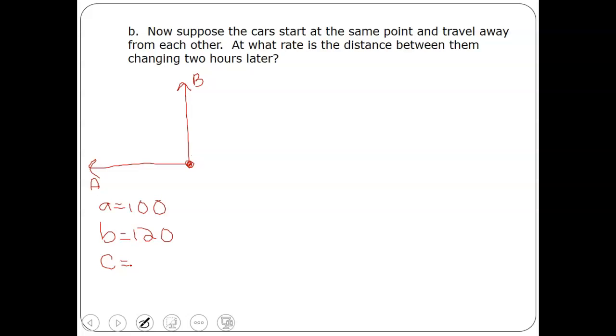Hold on, Pythagorean theorem. 100 squared plus 120 squared, 14,400. That's 156.21. Oh, I was doing the square root of 10,000 plus 12,000. It's not a nice number.